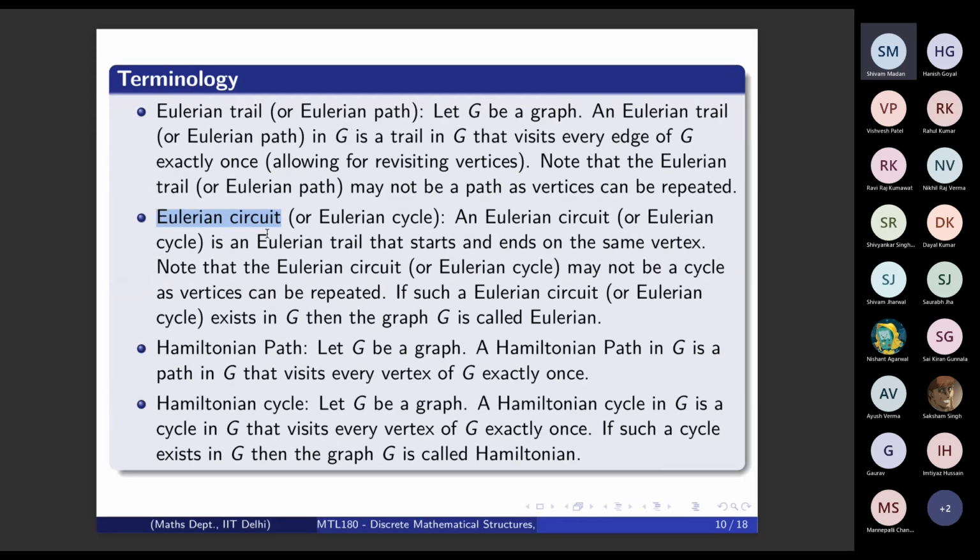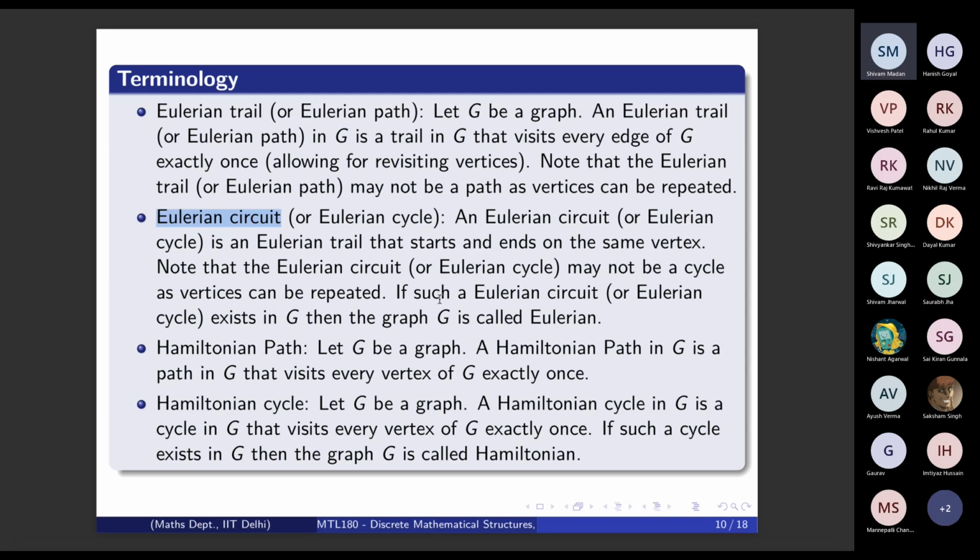Okay. Now similarly, you can define an Eulerian circuit. This means it is an Eulerian trail, but the endpoints are the same. Now again, by a similar note, we can say that an Eulerian circuit may not be a cycle, because the name is Eulerian cycle, but it actually may not be a cycle. Why? Because vertices can be repeated.